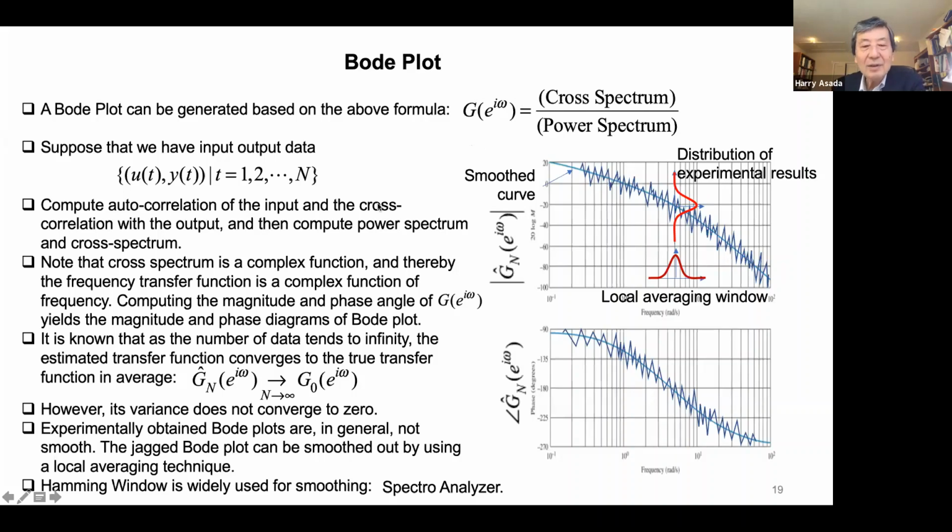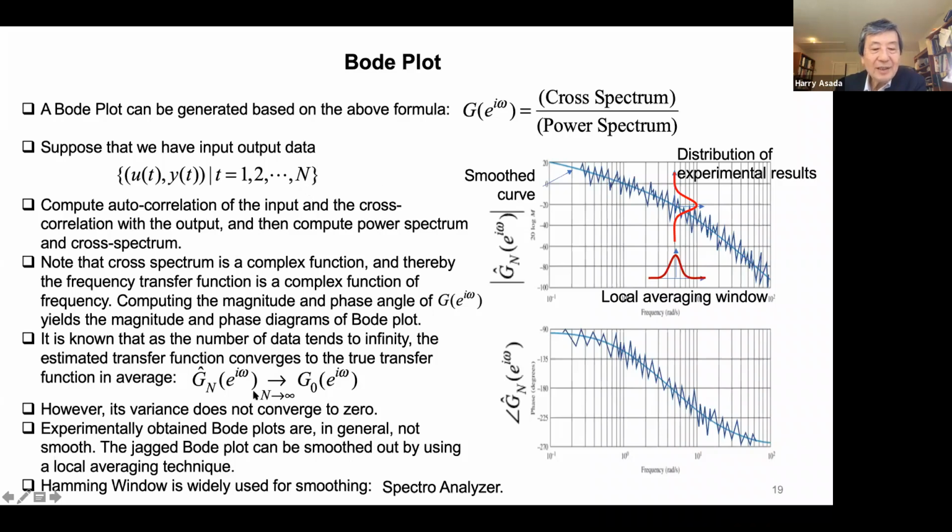It has a real part and an imaginary part, and also a magnitude and a phase. So from here you can plot the Bode plot of magnitude, the gain curve, and then the phase curve by taking the phase component. Now it is known that, of course, a longer N is better.